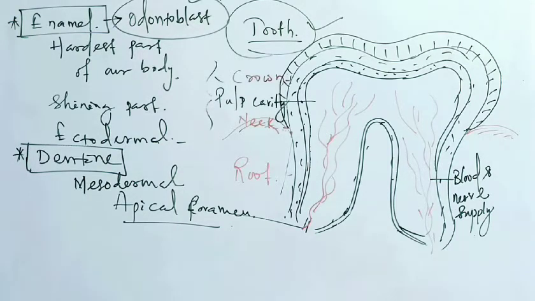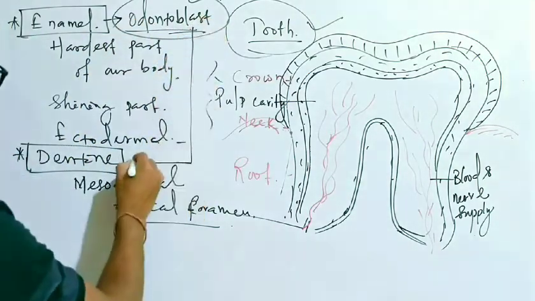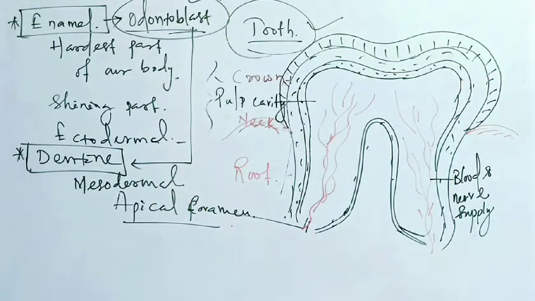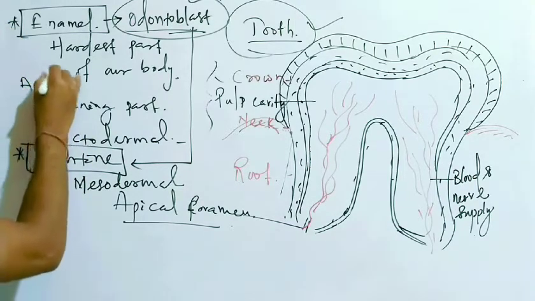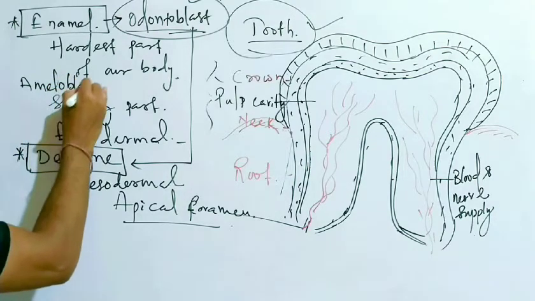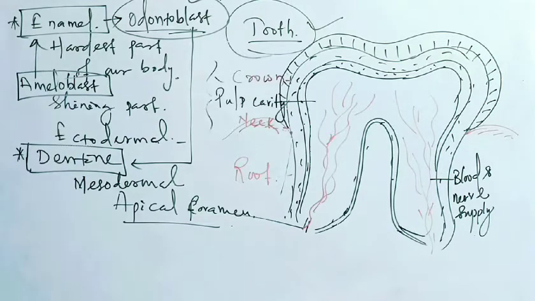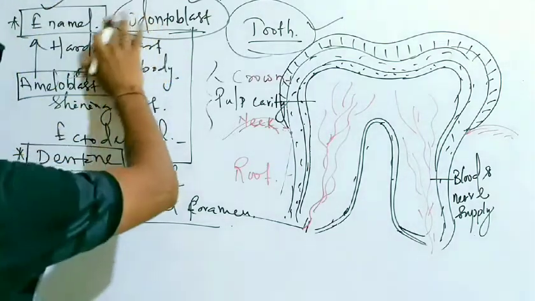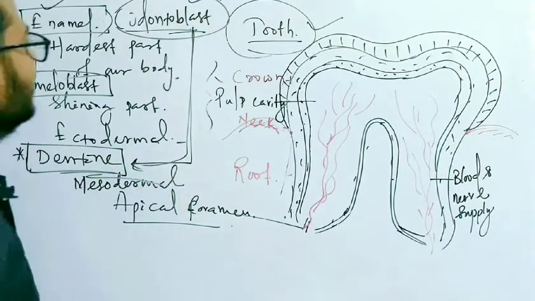Likewise, so this one, odontoblast, is responsible for the formation of the dentine, and enamel is formed with the help of the ameloblast. It is the layer of cells, ameloblast are the cells that help in the formation of enamel, and odontoblast help in the formation of dentine.